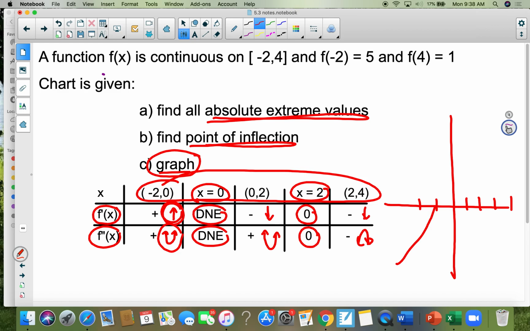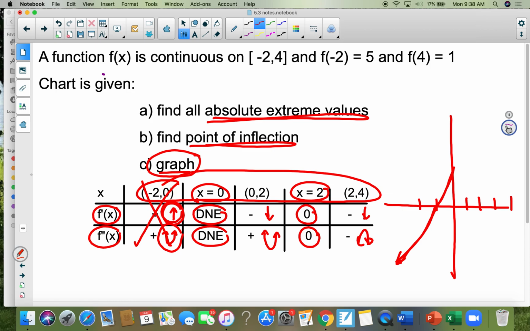So so far, that's good. So I'm done with that. At x equals 0, it needs to keep going concave up to there. From negative 2 to 0, it's increasing and it's concave up. At x equals 0, the derivative does not exist, and the double derivative does not exist.